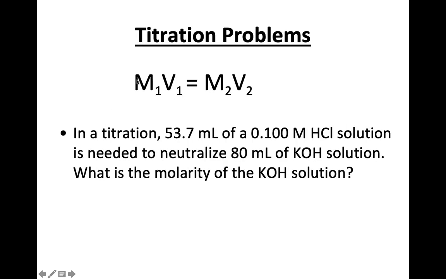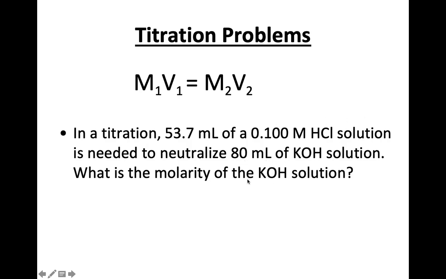Okay, so M1V1 equals M2V2. Same with the gas laws. All you're doing is, in titration, you have milliliters and molarity. M is the molarity. V is the volume. So M is this M. V is this volume, which is milliliters. If we're going to do these calculations, we'd see how much we need of the KOH solution.